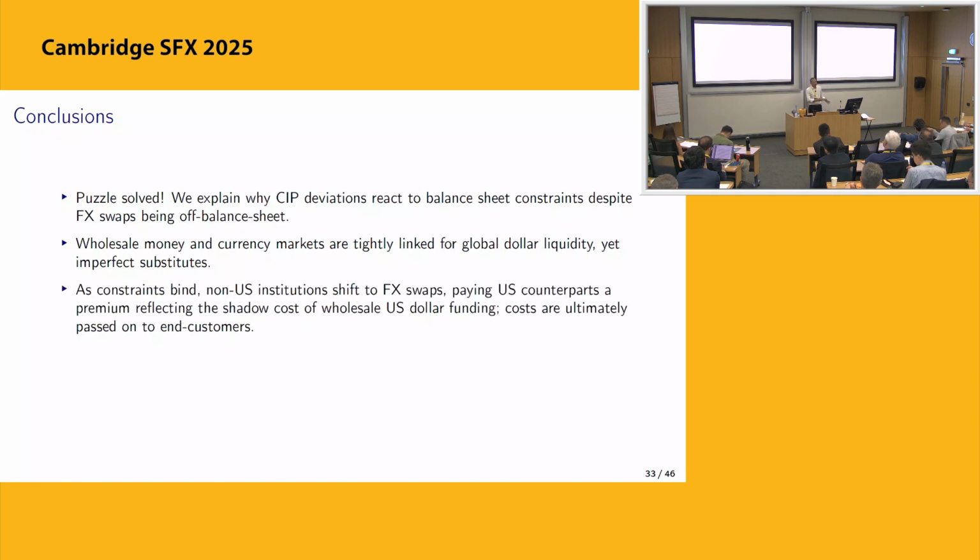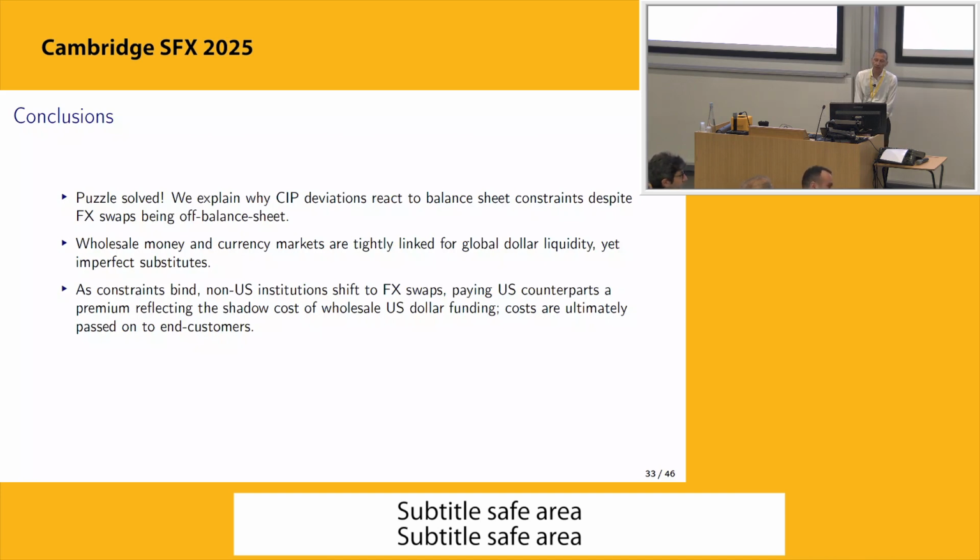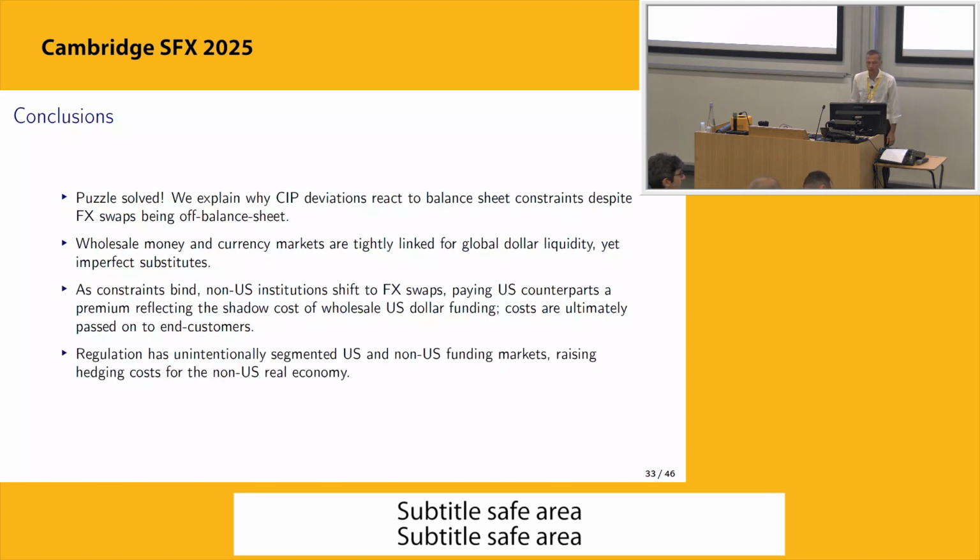And then when there is a constraint binding, non-U.S. institutions shift to the FX swap market, paying U.S. counterparties a premium reflecting the shadow cost for wholesale dollar funding. And the cost at the end is passed to the end customer.